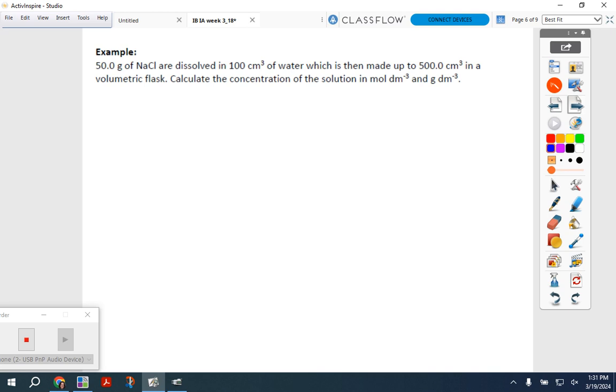A volumetric flask has the big bulb on the end for holding the majority of the solution, and then it's got one line, just one. So the only thing I can measure in this flask is 500 milliliters. I can't measure 450 or 250 or anything like that. All I get is the one line that tells me when the bottom of your meniscus is at this line, you have 500 milliliters of whatever you're measuring.